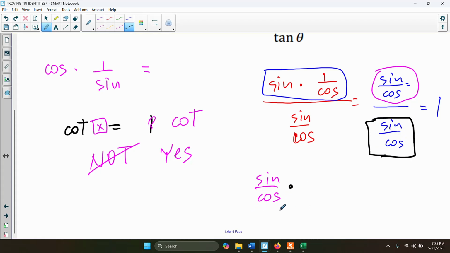Normally you would divide, but another way is to multiply by its reciprocal, changing the cosine and sine positions. So I'm multiplying by this. And of course you could see that they cancel. Sines cancel and cosines cancel, leaving you with 1 divided by 1, right? Which we already knew just by looking at this, anything divided by itself is 1.